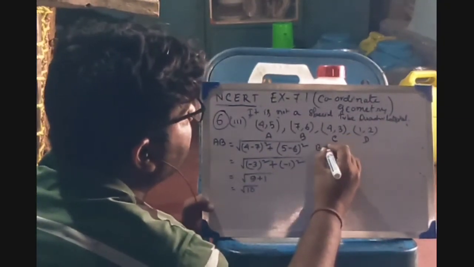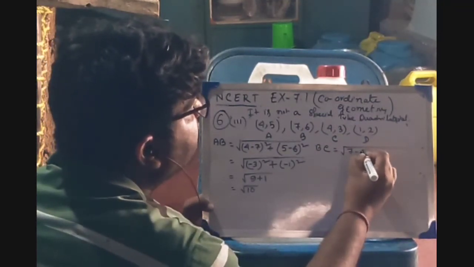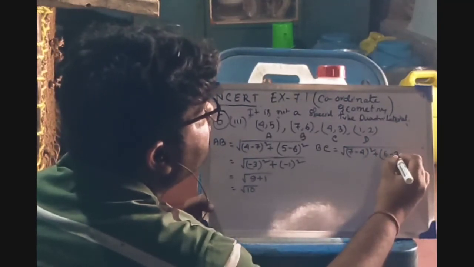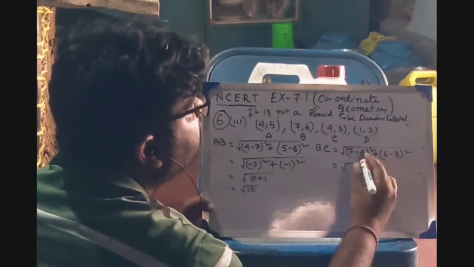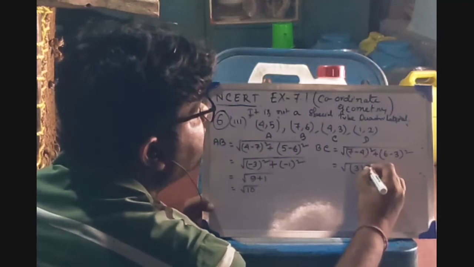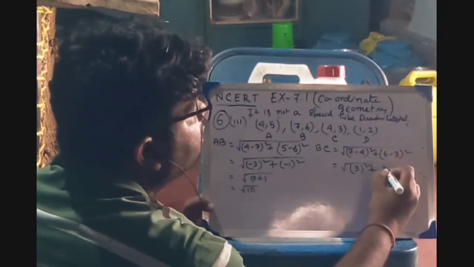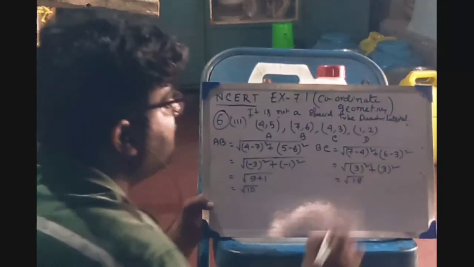Next BC, that's equal to root of (7 - 4) whole square plus (6 - 3) whole square. That's equal to 3 whole square plus 3 whole square, which means root under of 18.